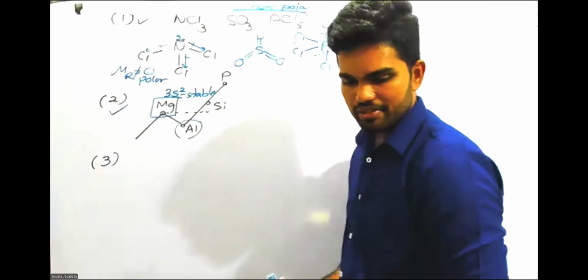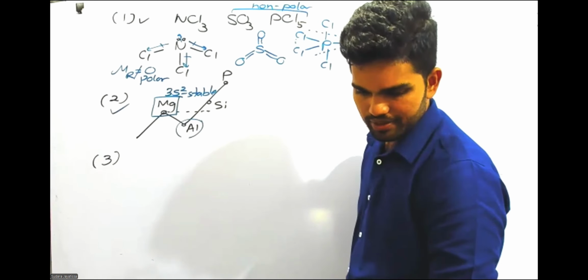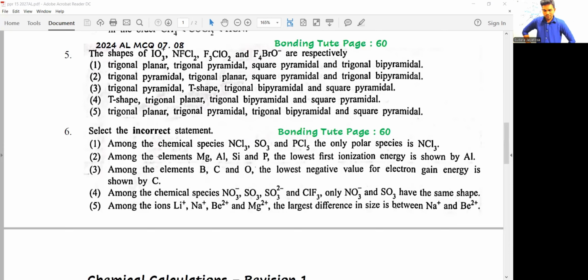Then go to the third one. Carbon and oxygen. Lowest negative value for the electron gain energy is shown by carbon. Lowest negative value. No. Why?